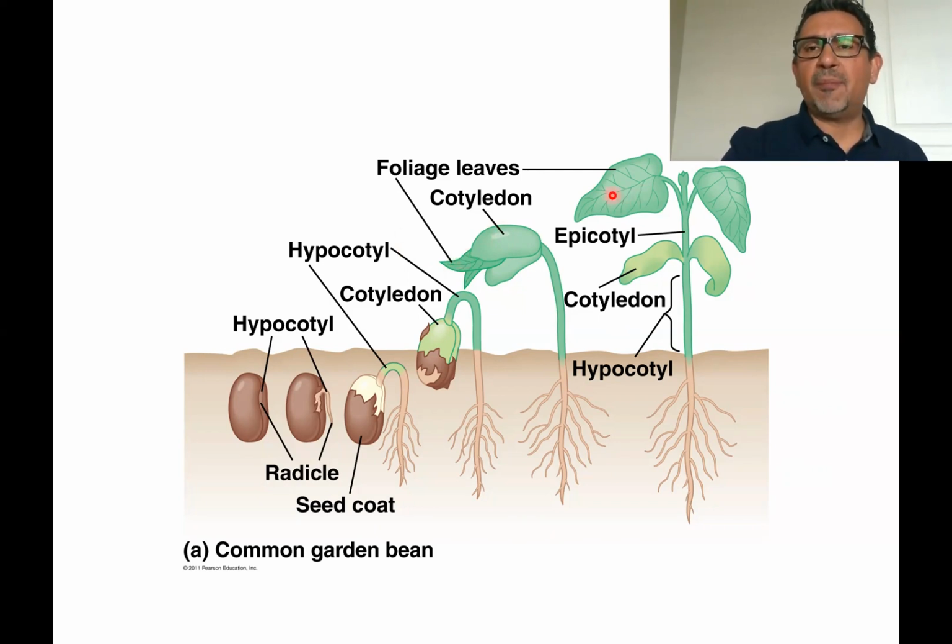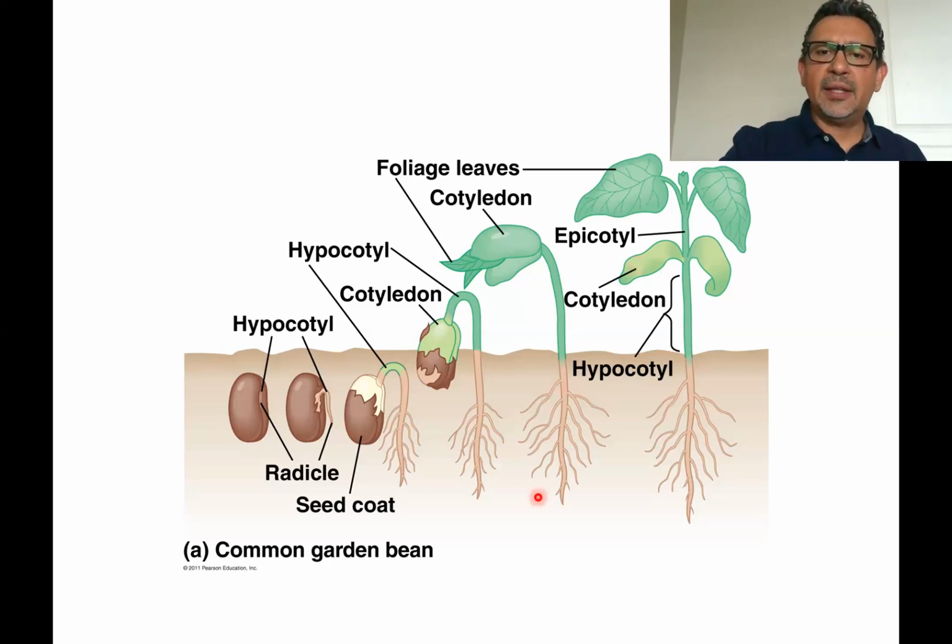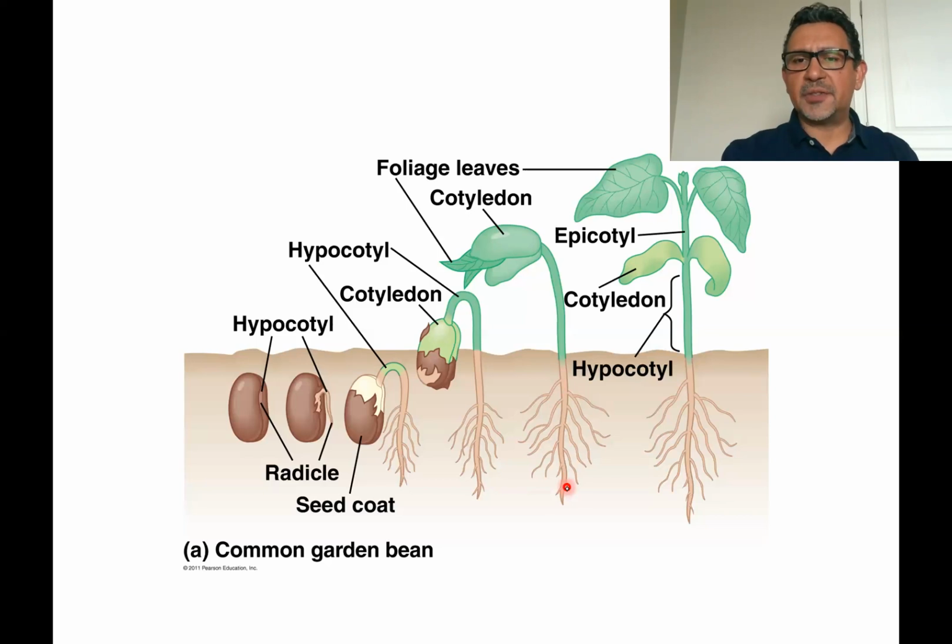And so while the plant's beginning to do photosynthesis, they continue to rely on the nutrients from the cotyledons. Eventually, the resources here are depleted, and there's no more nutrition, so the cotyledons are going to shrivel, dry up, and just fall to the ground. Meanwhile, the rest of the root of the plant has continued to anchor the plant firmly to the soil and provide the much needed water for photosynthesis.